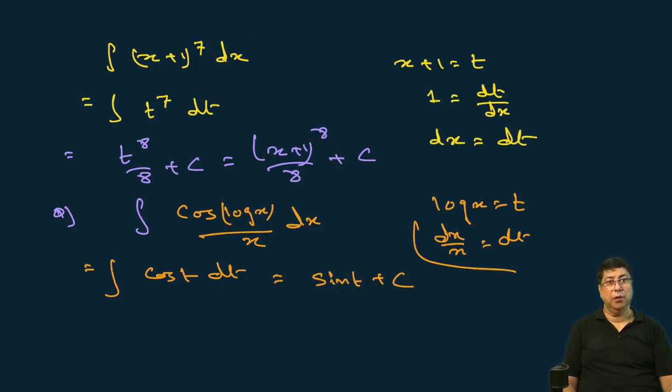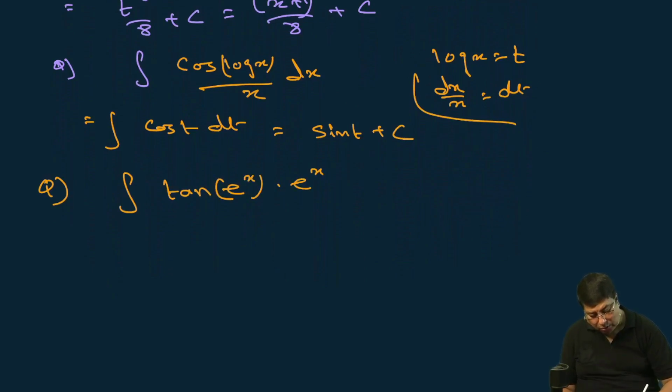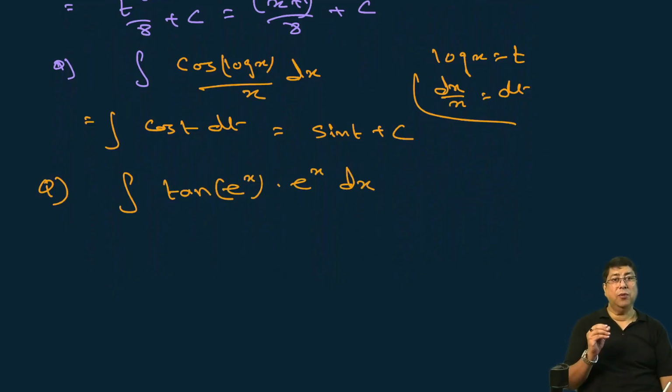Okay, everybody. Next question. Suppose I write the integral of tan of e to the power x into e to the power x dx. First of all, we have to search for whose derivative is present in the sum. The derivative of tan is sec square x, which is not present here.